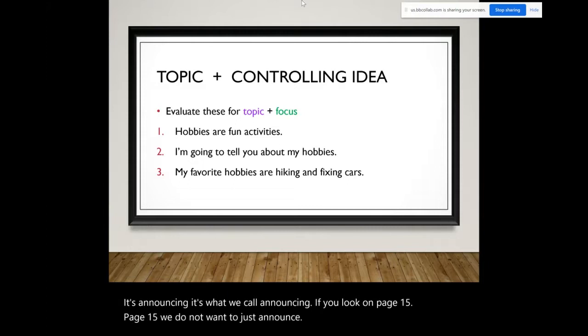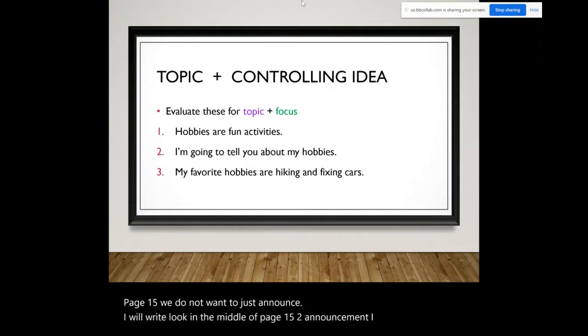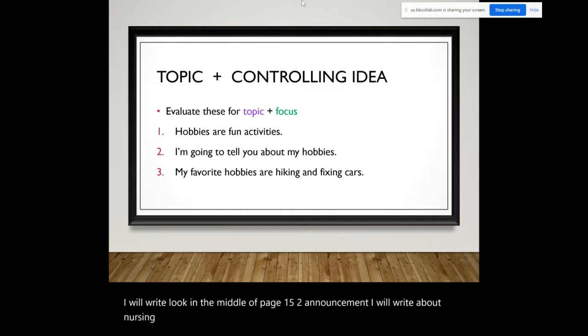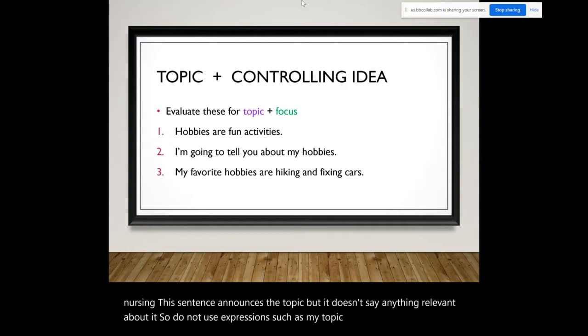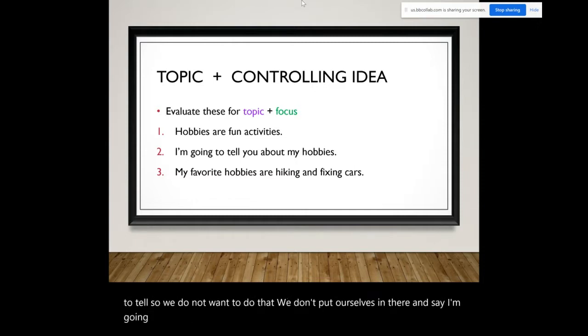Look in the middle of page 15, number 2, announcement. I will write about nursing. This sentence announces the topic, but it doesn't say anything relevant about it. So do not use expressions such as my topic or I will write or I'm going to tell. We don't put ourselves in there and say, I'm going to tell you, I'm going to write about. So that one is not good either.